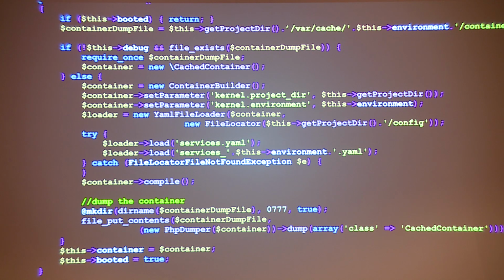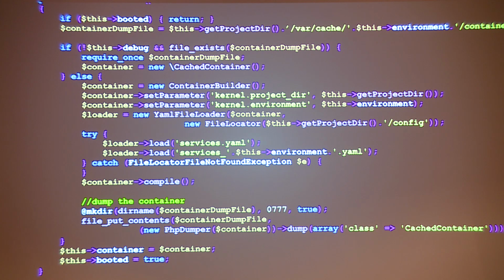I have one services YAML file for everything, then I have a services underscore environment file for my environment specific services. Then I compile it so I can use it, and I dump it so I can cache it. So next time I don't have to build this again. I just use the cached one.